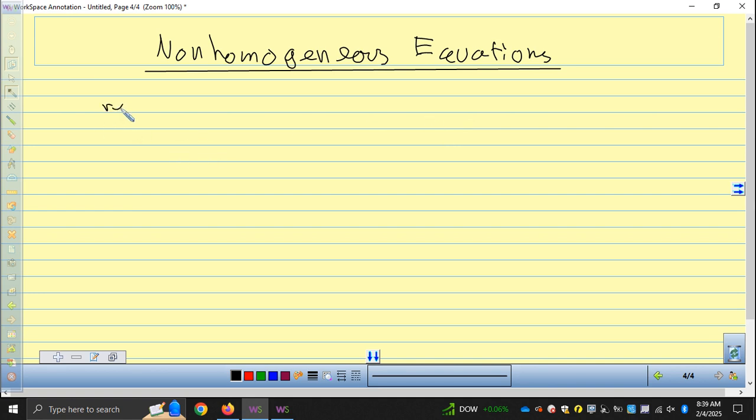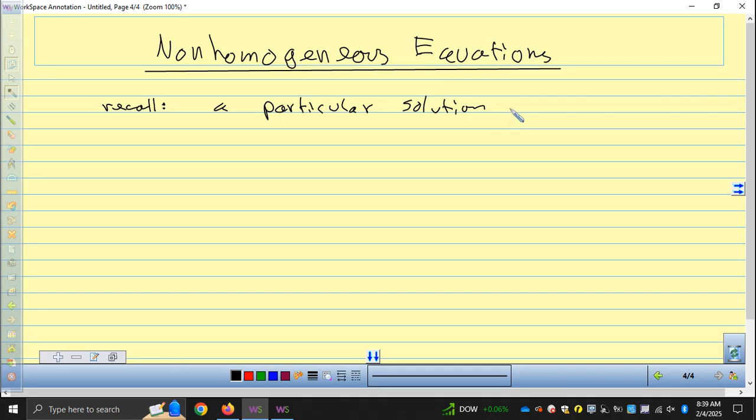And I just want to say, recall a particular solution. We found particular solutions for first order differential equations by substituting in our initial conditions.